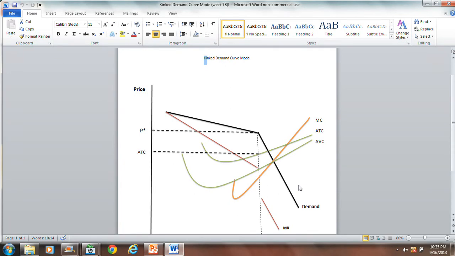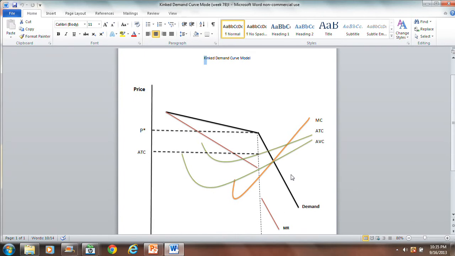So the demand curve for an oligopolistic firm based on the interdependence issue will have two parts. It has an elastic part reflecting the reluctance to raise price, and it has an inelastic part reflecting the lesser reluctance to lower price.